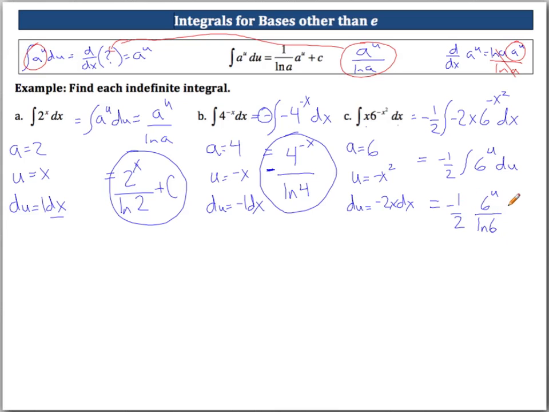Okay, and if we just rewrote this, back substituting, plus our c, we get negative 6 to the negative x squared over 2 natural log of 6. Okay, so that is integrals for bases other than e. Let's move on.